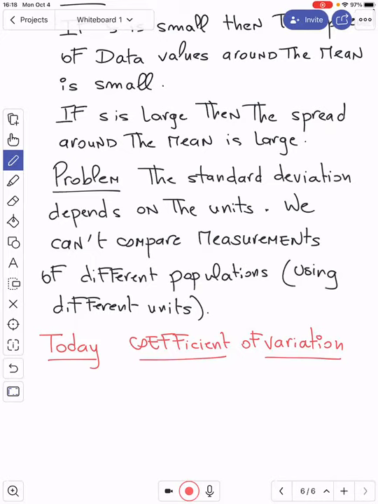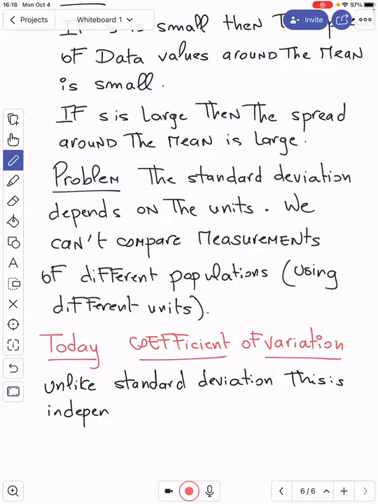So as I said, unlike the standard deviation, this is actually independent of units.